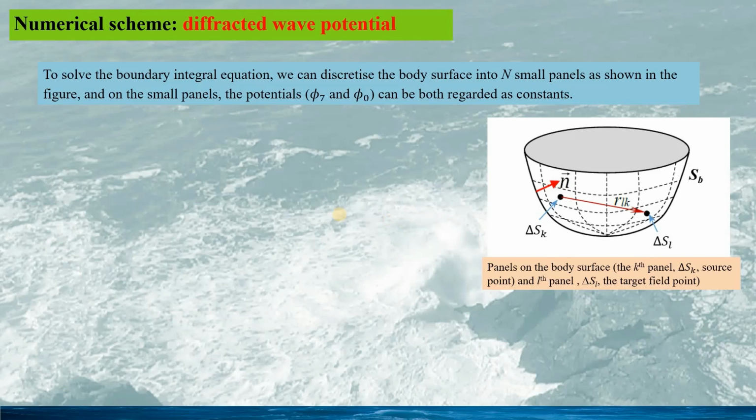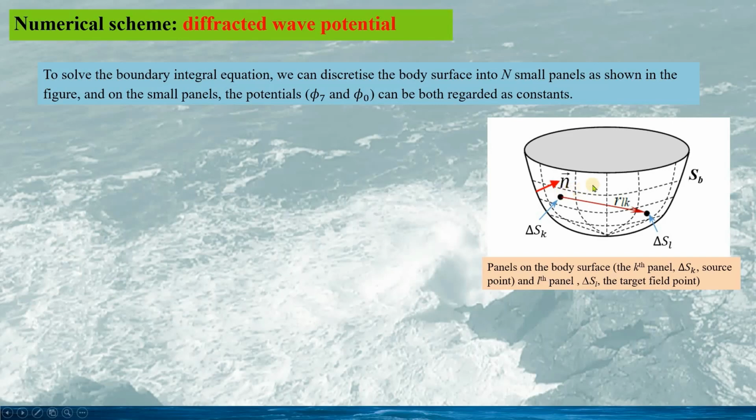In solving the diffraction problem numerically, the panel method can be used, for which the body surface SB is discretized into n small panels as seen in this plot.